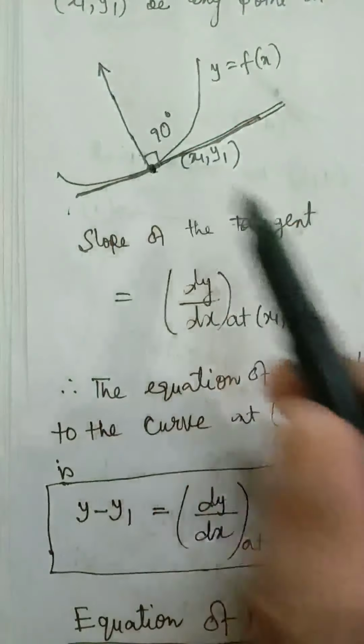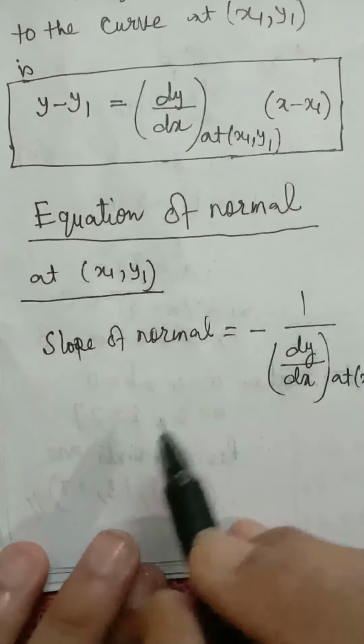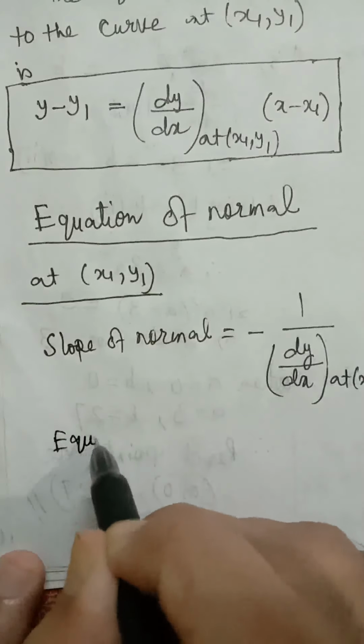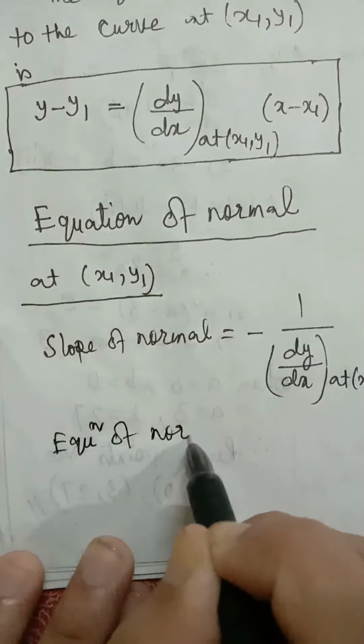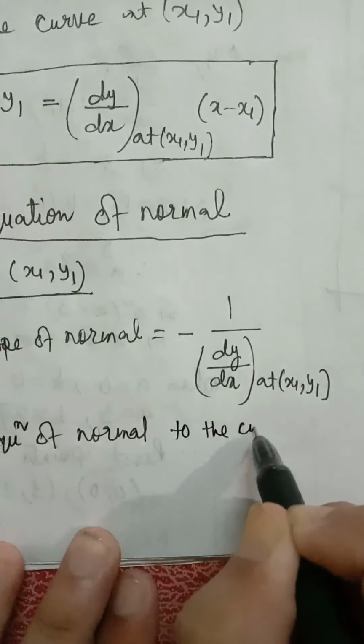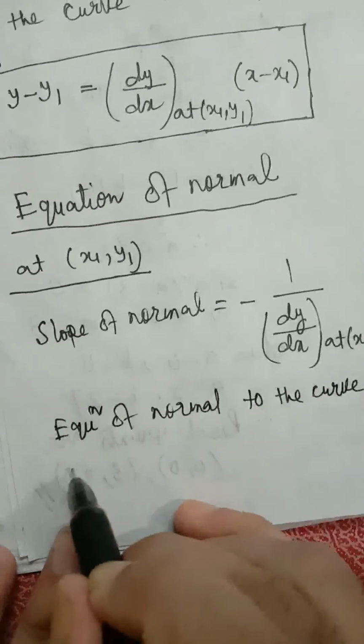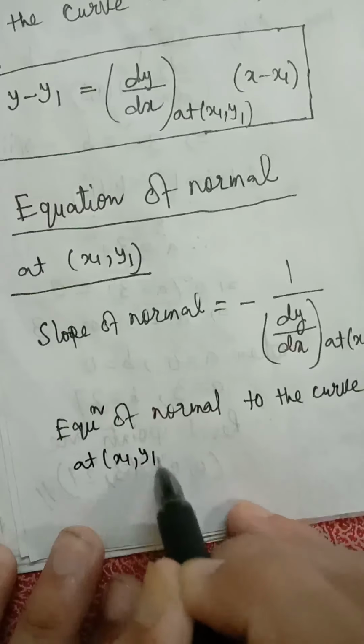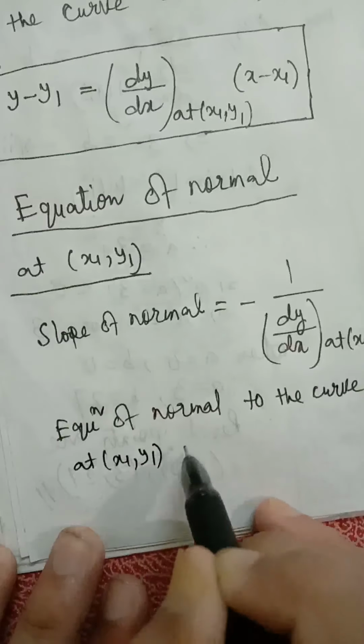So the equation of normal to the curve at (x1, y1) is y minus y1 equal to minus 1 by dy by dx at (x1, y1), into (x minus x1).